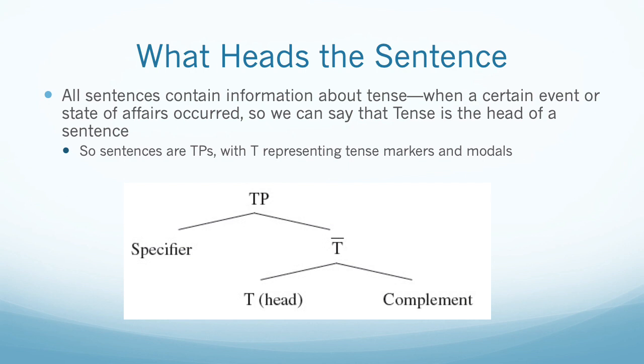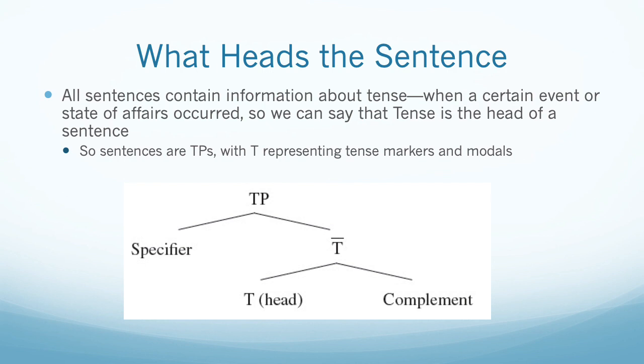So, we can say that tense is the head of a sentence, or in other words, sentences are tense phrases, or TPs, with T representing tense markers and modals. Different languages encode tense differently. English encodes past tense and present tense in the verb itself, but we also use modal verbs to convey future tense, like the word will.